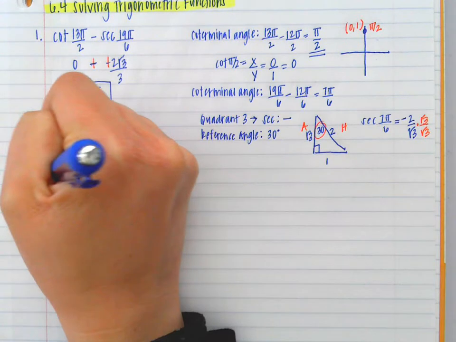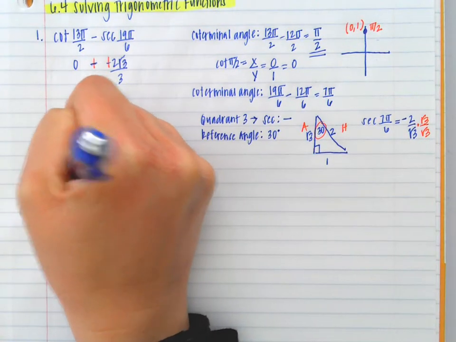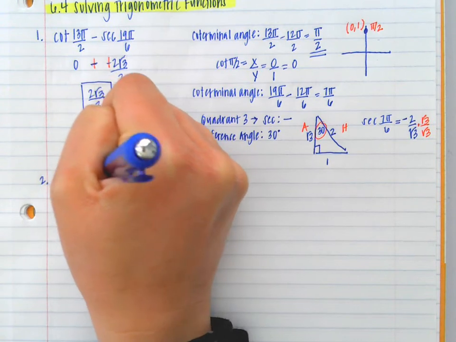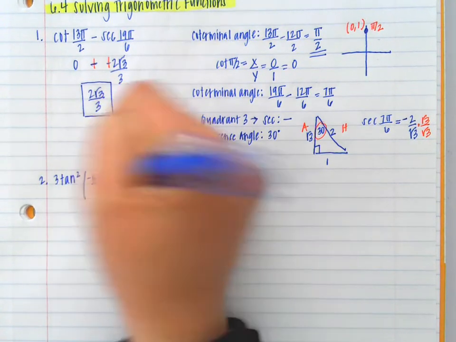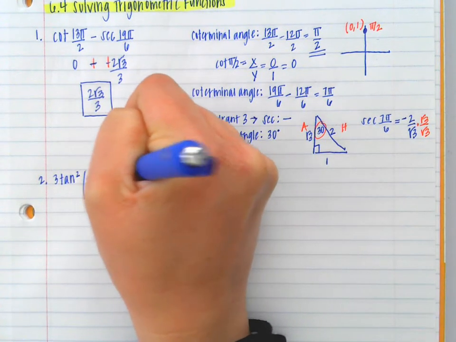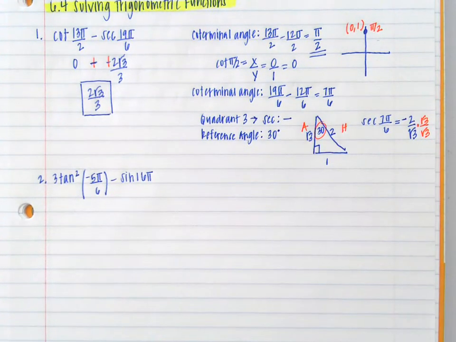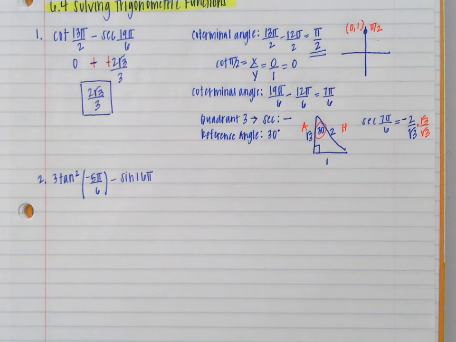Okay, so 3 tangent squared of negative 5 pi over 6 minus sine of 16 pi. Both of these right off the bat are not between 0 and 2 pi.